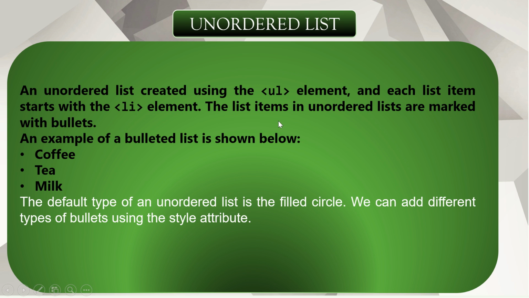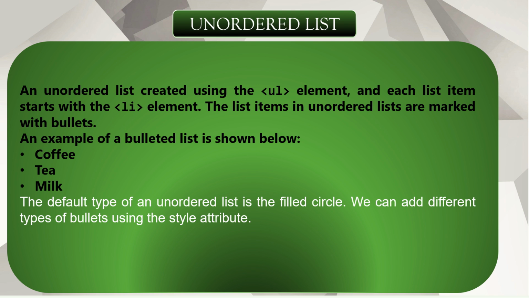The list items in an unordered list are marked with bullets. By default it is a filled circle. And you have 3 types of bullets: disc, circle, and square. Disc is the filled circle, and this is the default bullet.